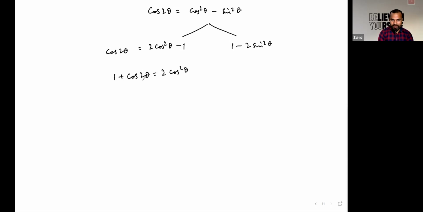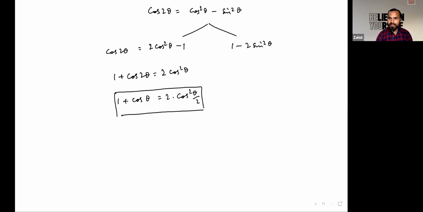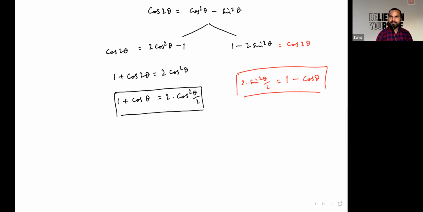Now in this part, if you have 2 theta, you will get theta here. So similarly, if you make this term theta, this will become 2 times cos square theta by 2. So I have just used this part. And similarly, if you solve for this term, you will get 2 times sine square theta by 2 is equal to 1 minus cos theta. Is it clear?